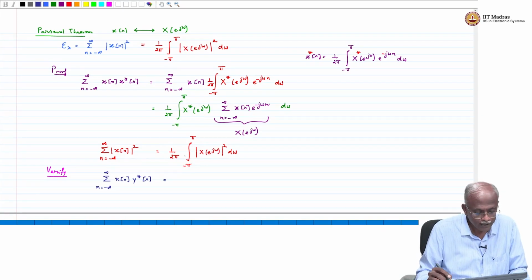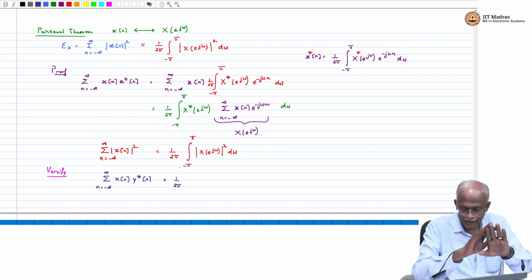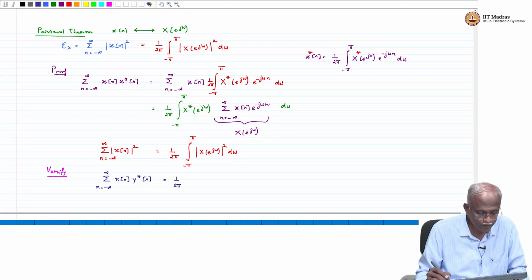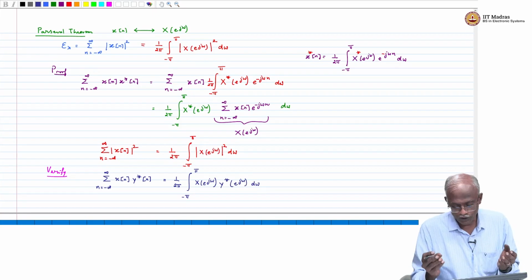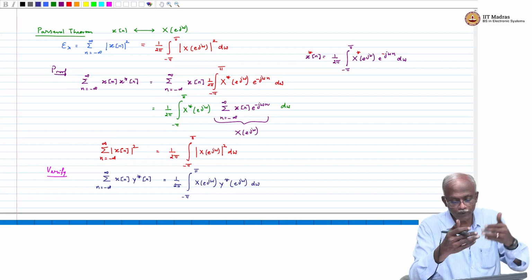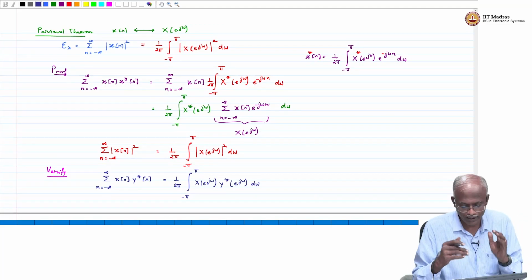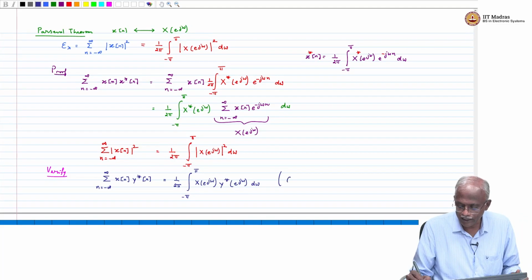This can be written as 1 over 2π, again multiplication in the time domain is convolution in the frequency domain, integral minus π to π, X(e^{jω}) Y conjugate e of j omega d omega. I would like you to verify this result, and of course if you substitute y equal to x, you will get the original version of Parseval.